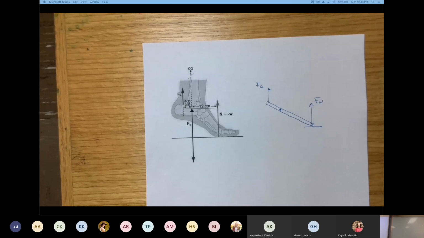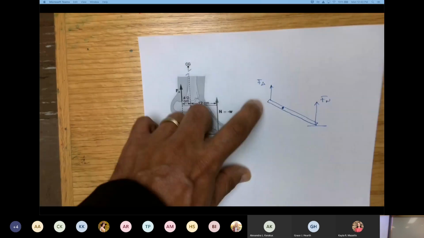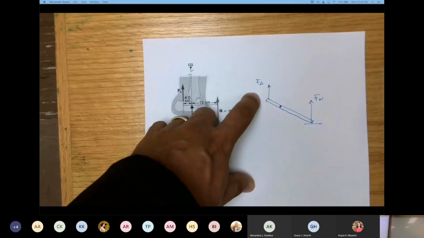So now the range of motion of the ankle is way smaller than the range of motion that we have in our extremities, like in our leg or our arm. But this Achilles tendon can carry a lot of weight. So you reduce the range of motion, but now this one is going to carry a much heavier load.